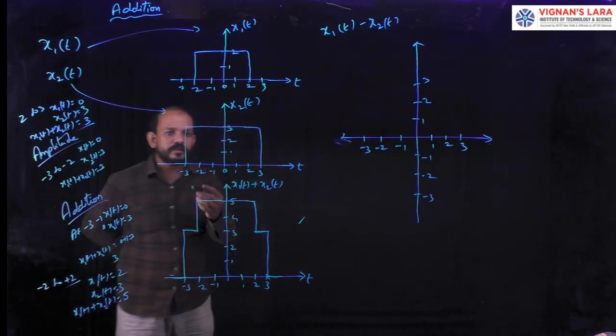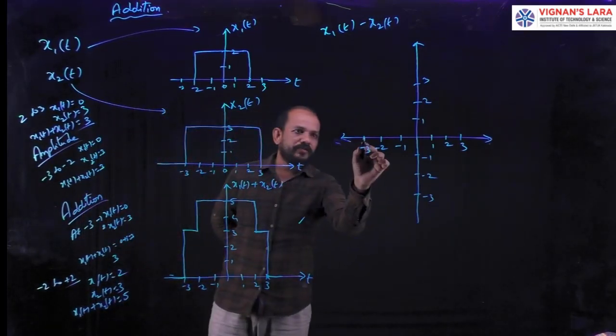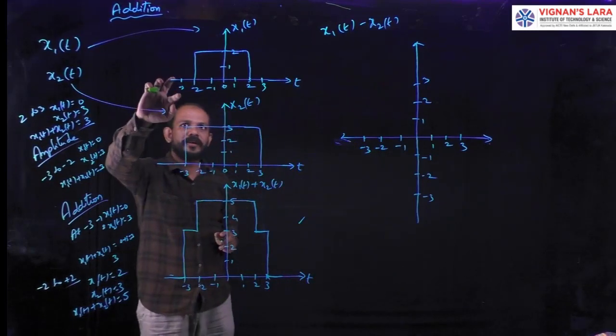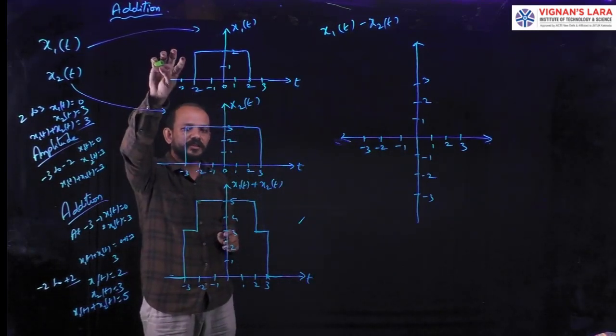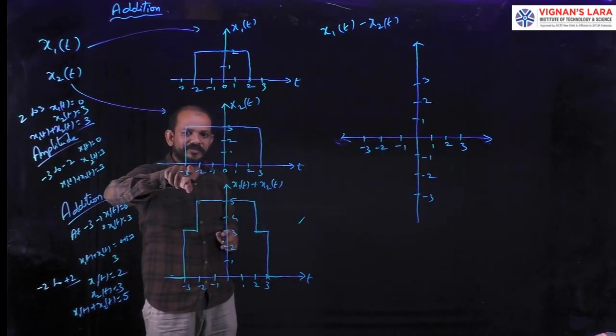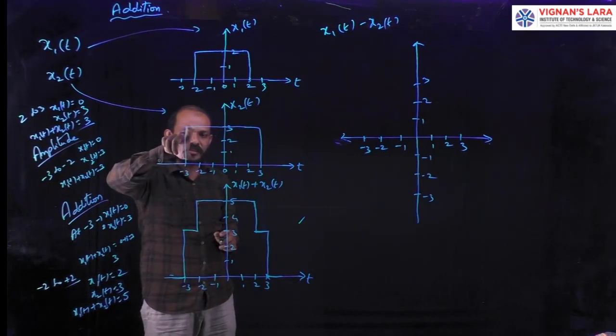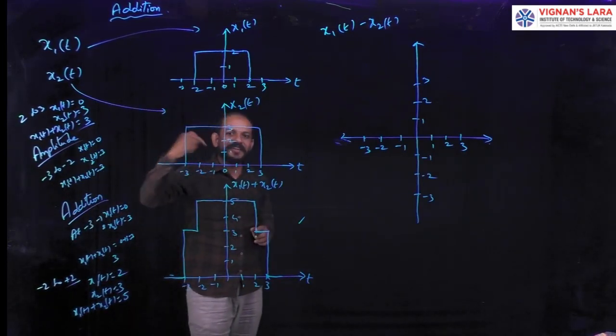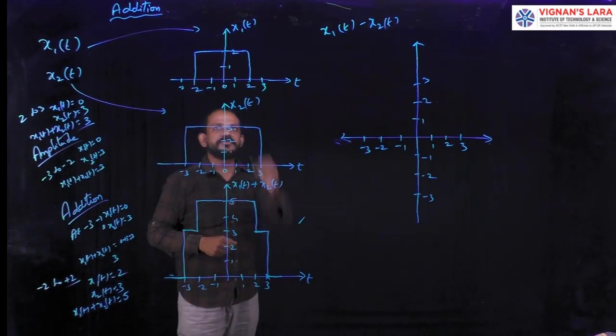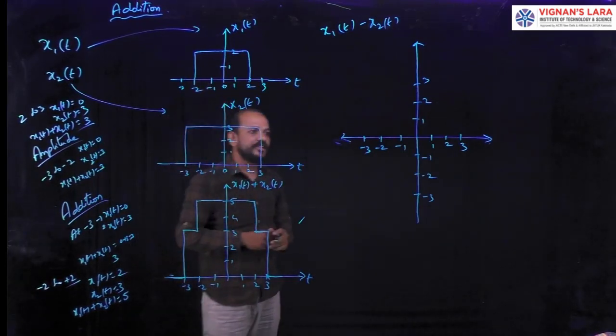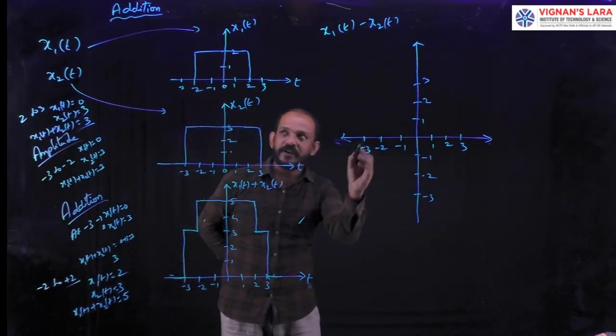See, first from here to here. So this value, minus 3 to minus 2, x1 of t is 0, and x2 of t is 3. So 0 minus 3, that is minus 3. So that value is minus 3.